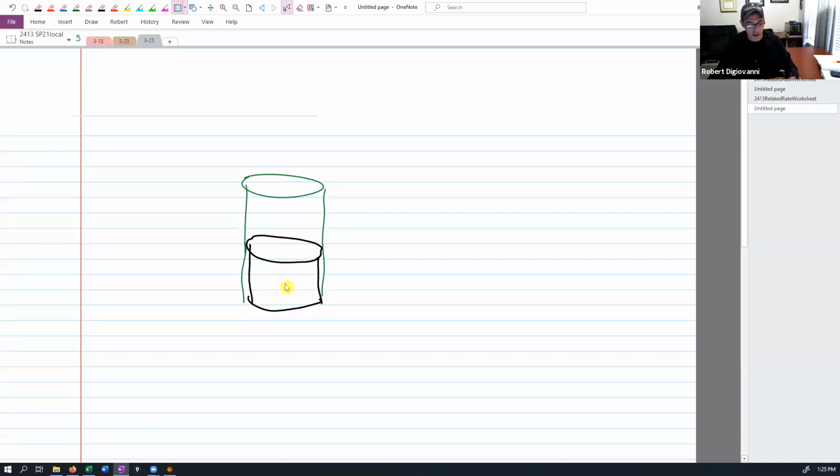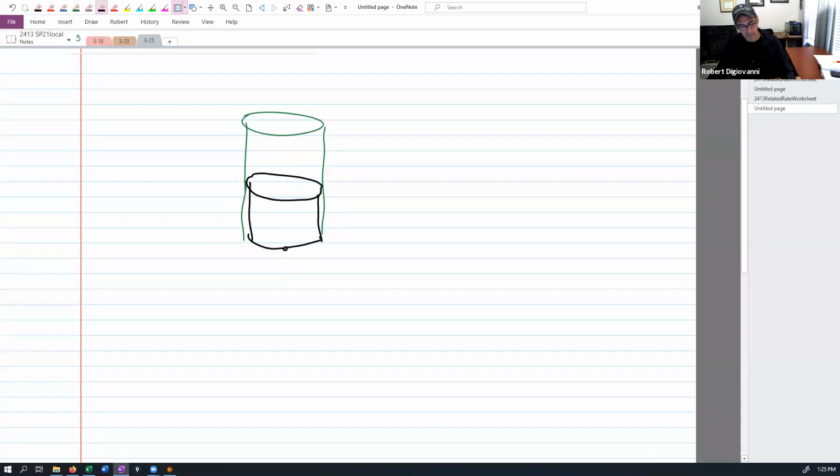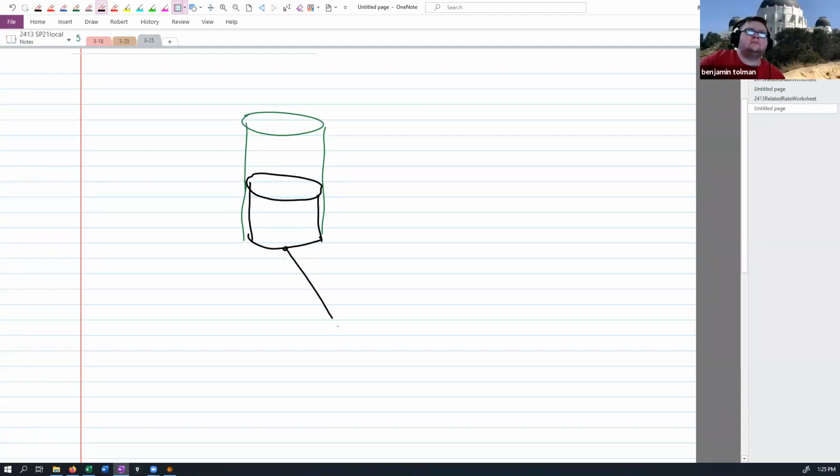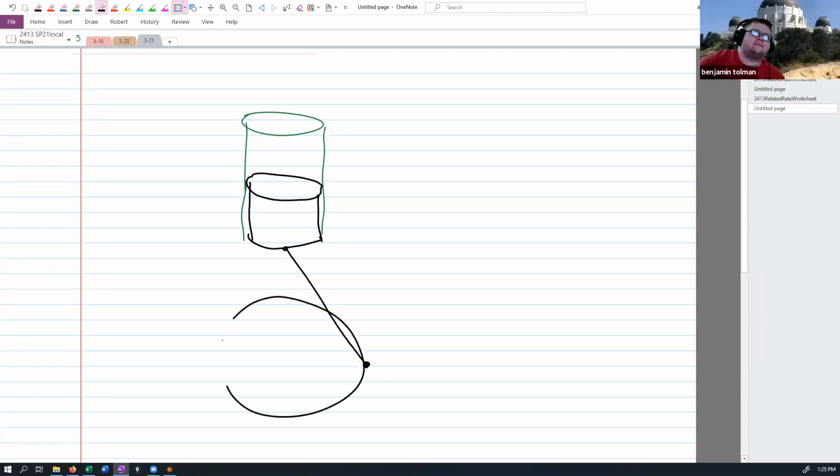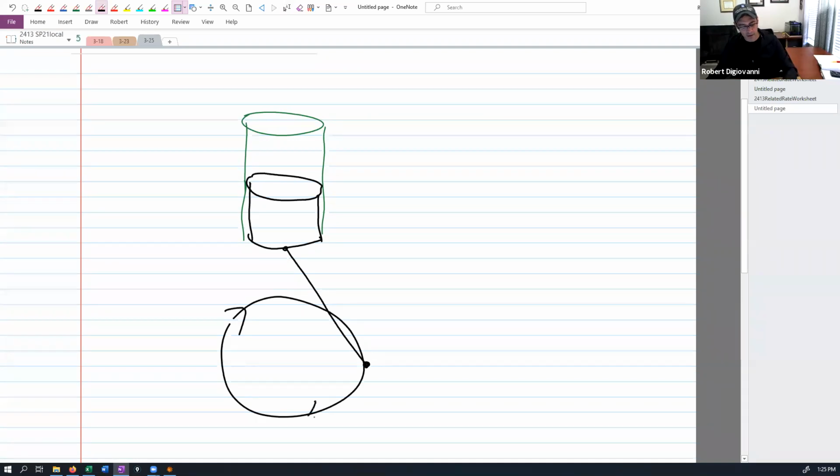And attached to the piston, you have a rod, and that attaches to the crankshaft, which is actually the thing that spins.